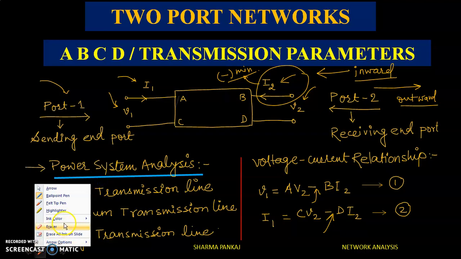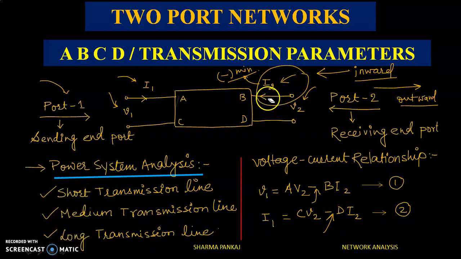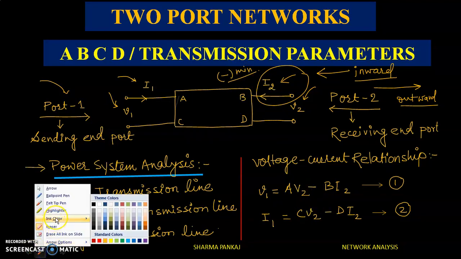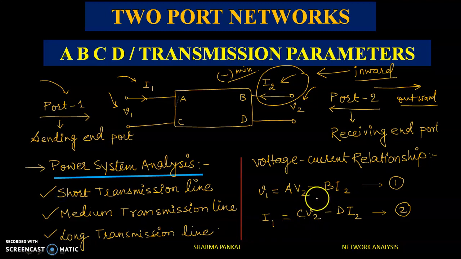For the diagram of two-port, this one is actually inward towards the network. But in actual use in power system, I am putting a minus sign, just to make it clear that we are at port 2, which is receiving, and receiving means there will be a load.